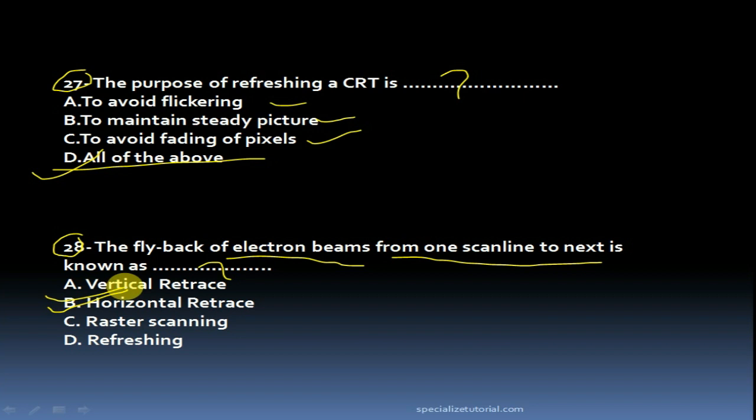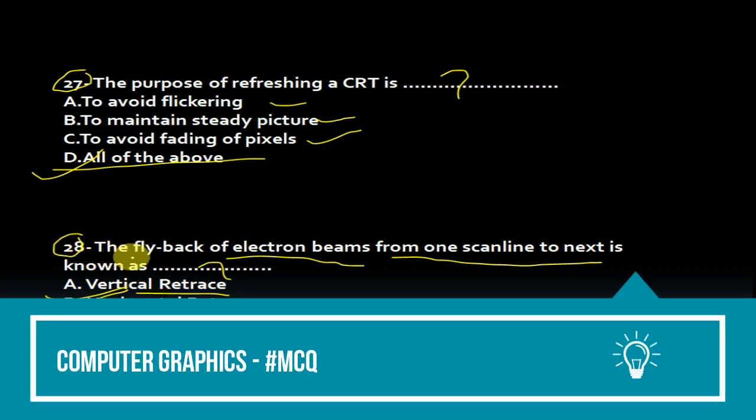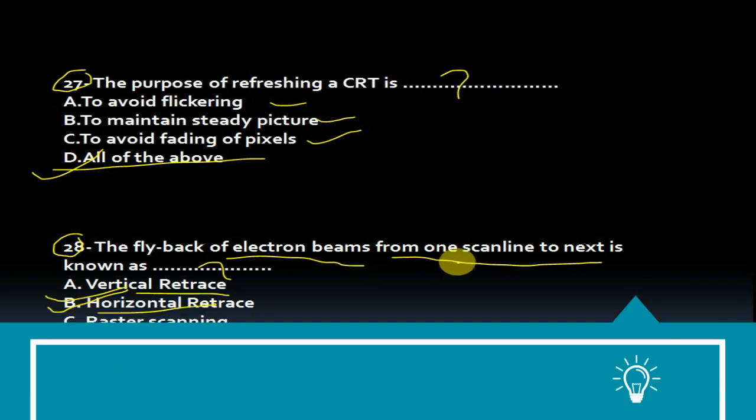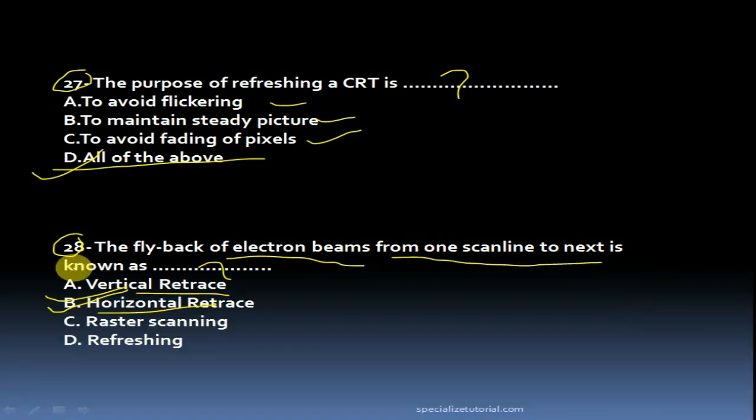It represents the amount of time between the end of one frame being drawn and the beginning of the next frame. Okay, so it's clear what is a horizontal retrace and what is vertical retrace. Now focus on the questions. The flyback of the electron beam from one scan line to next is known as a horizontal retrace.